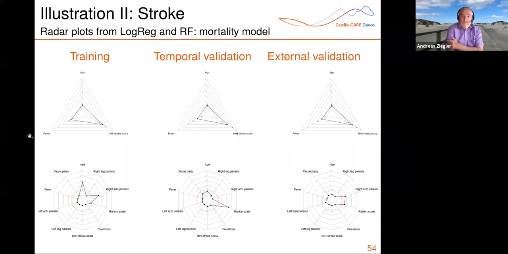When you look at the results from the random forest, you can see some differences in the pattern. While you had two striking variables, the right arm paresis and the age, in the training data, you can see that the ranking scale shows up in the temporal validation data, and that the ranking scale and the right arm paresis show up in the external validation data.